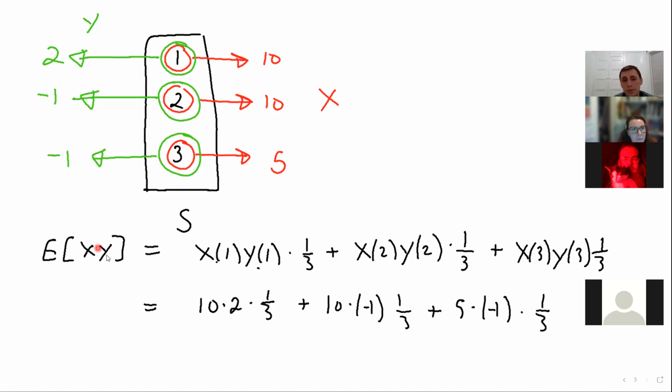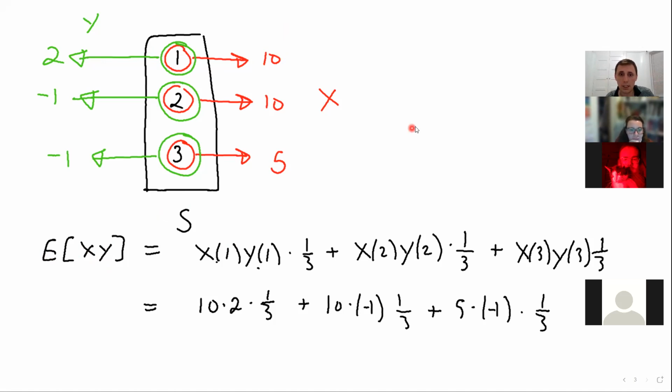So this is not the expected value of X times the expected value of Y. What would that be, guys? If I calculate the expected value of X times the expected value of Y, that would be each of those times 1/3 times each of those, which means they meet. Are you following? I hope the example is sufficient for you to understand what I mean by this multiplication thing.